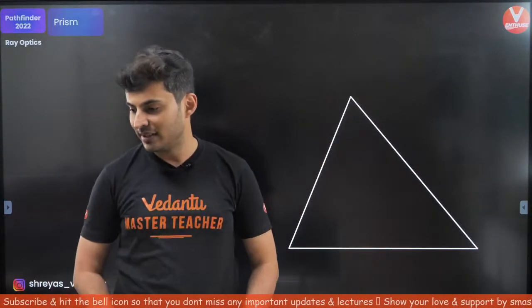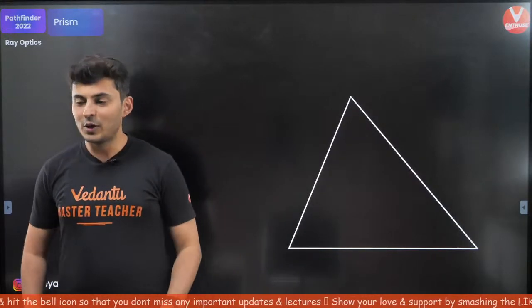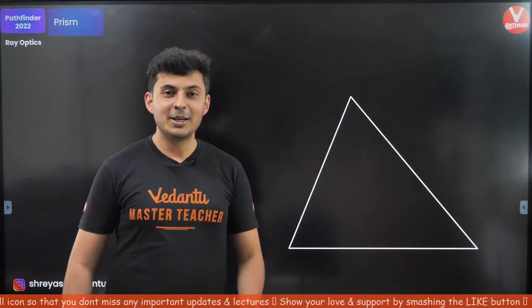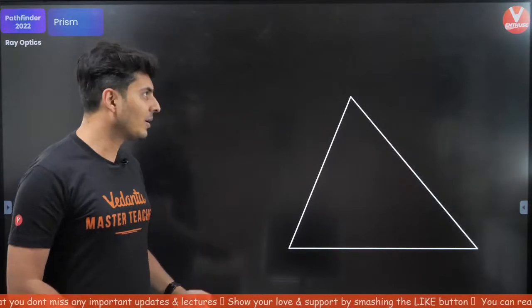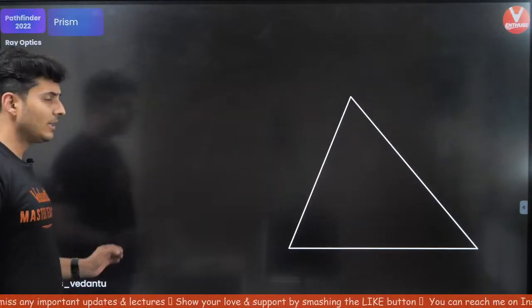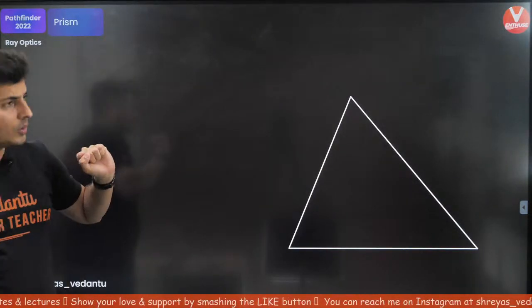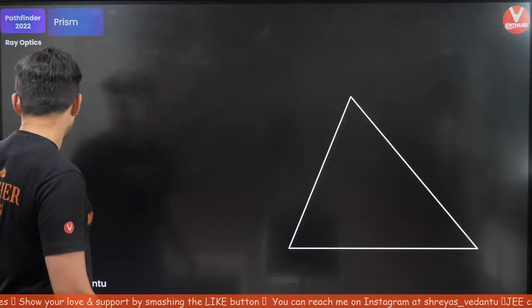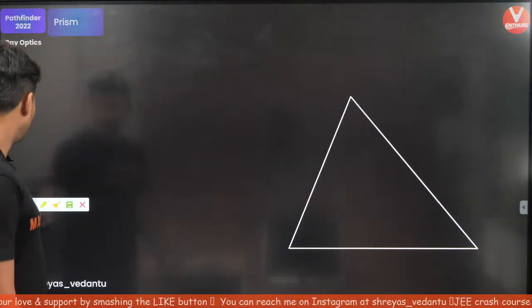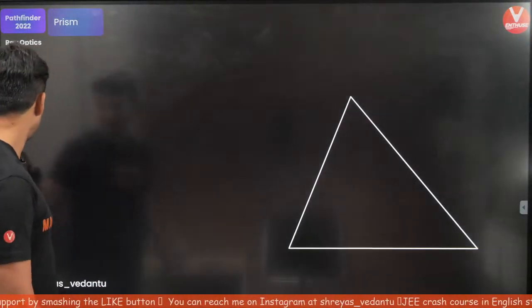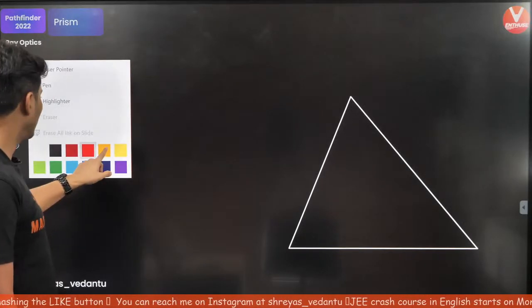Yep, many of you thought prism should look triangular, right? But now you know prism may not look triangular. What matters is just that the sides should be not parallel and make some angle A over there. So I'll just start marking the angles right over here. Okay, let me just start marking the angles. One second. Okay, there we go.